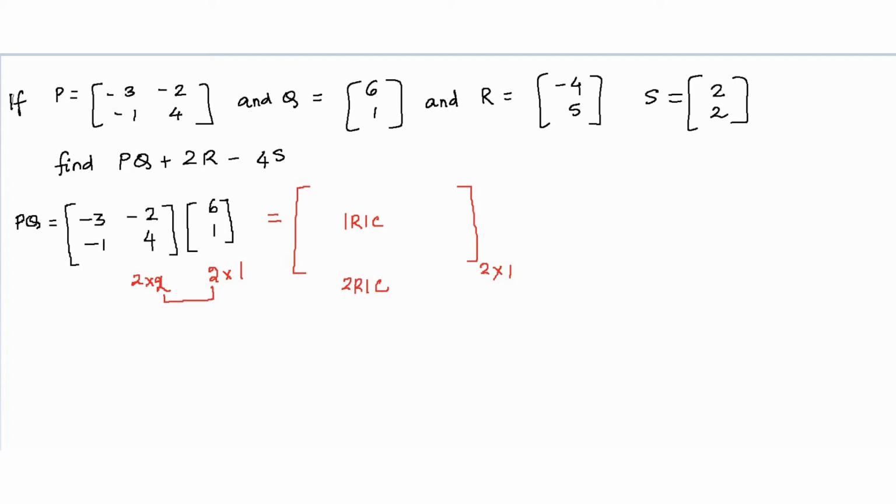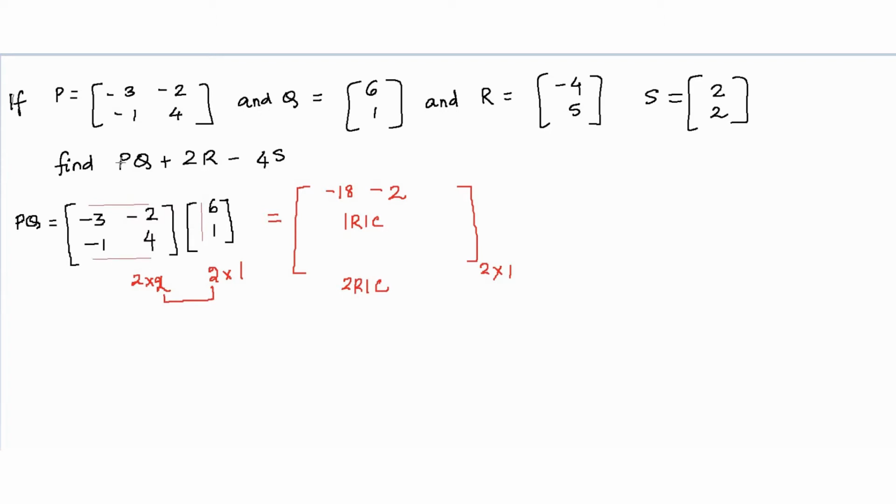So now we have to find the element first row, first column. To find that, we take the first row and the first column. So this would be minus 3 into 6 is minus 18, and minus 2 into 1 is minus 2. And then second row, first column: you take the second row and again the first column.